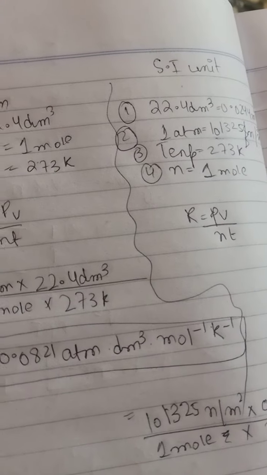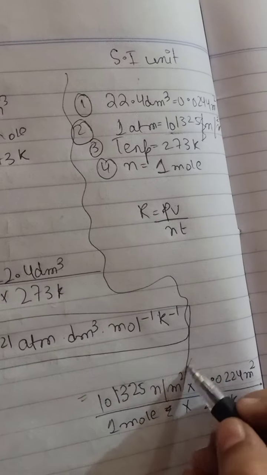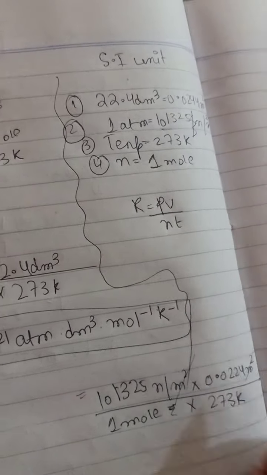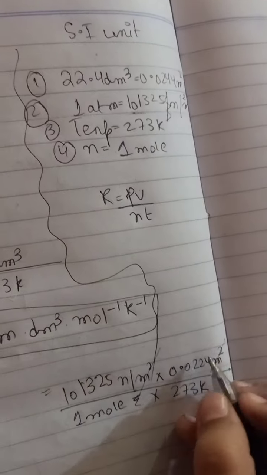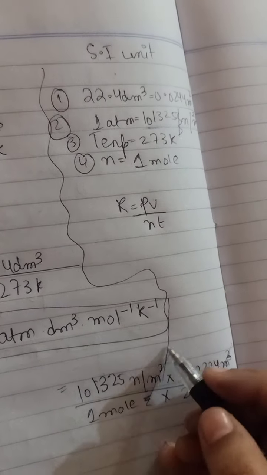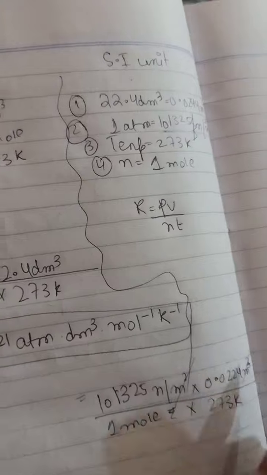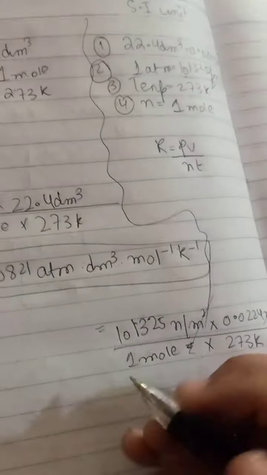Here you can see that we can cancel meter square against meter cube, so 1 meter will remain.